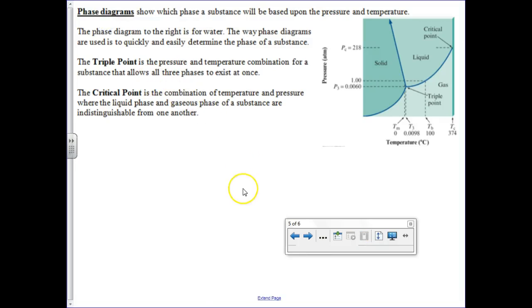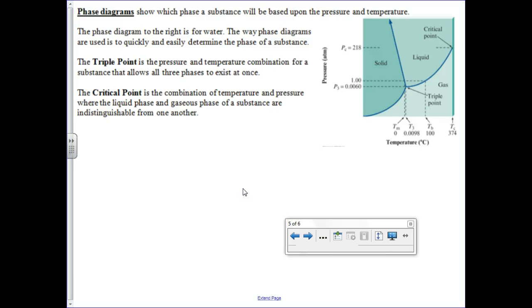Okay, so that's the first point that I wanted to point out. Sorry for the pun. The critical point. The critical point is the temperature and pressure combination where, above that, liquid and gas are indistinguishable from one another.